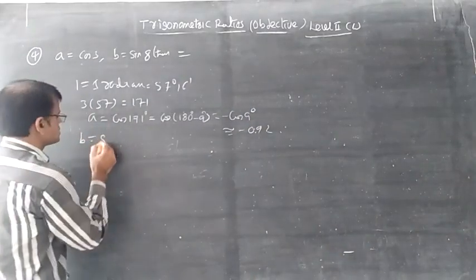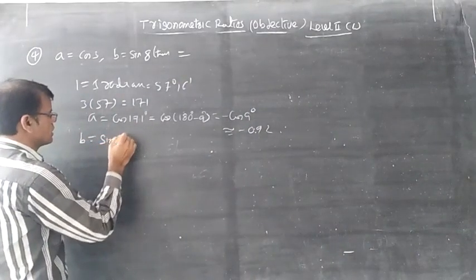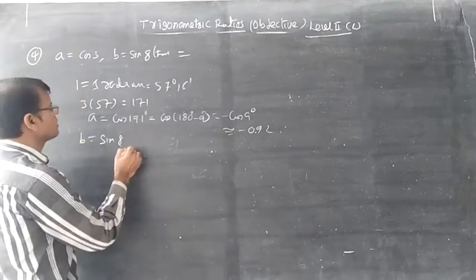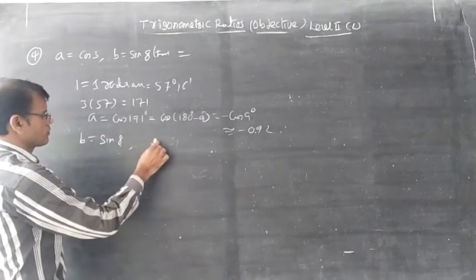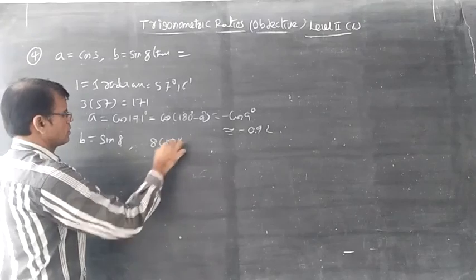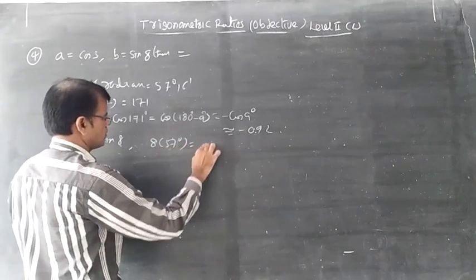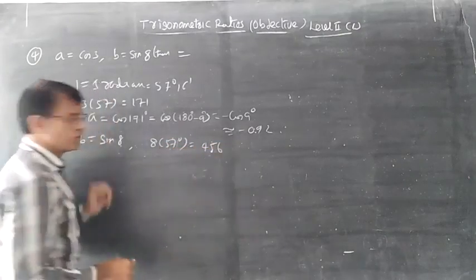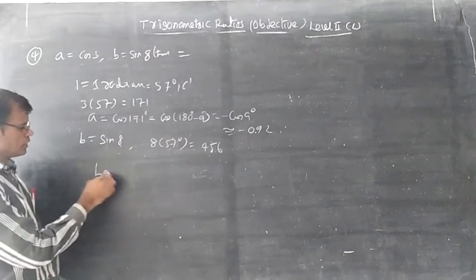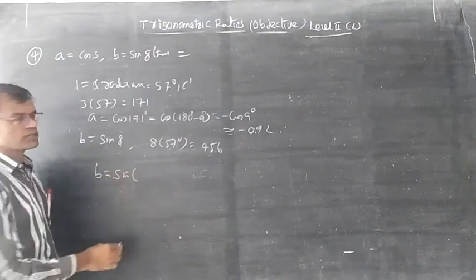Now b, let us discuss b is equal to sin 8. 8 into 57, you calculate. 8 into 57, 456. So b is equal to sin 456.